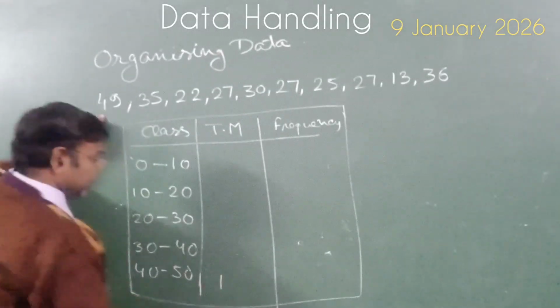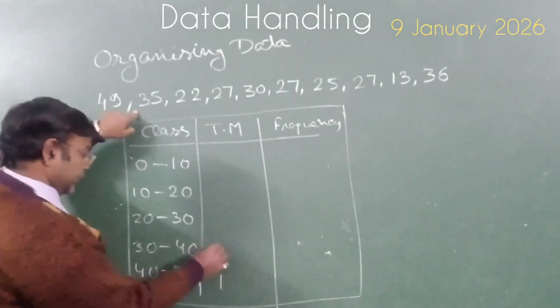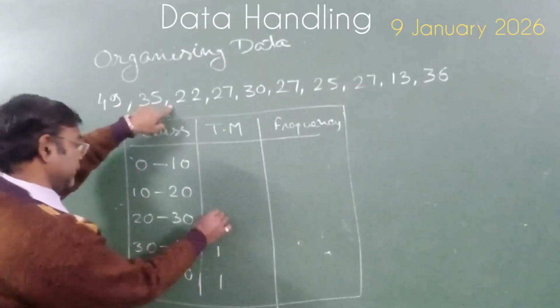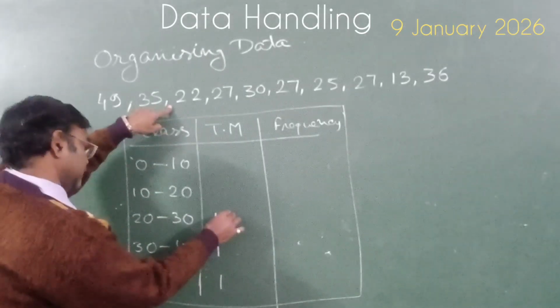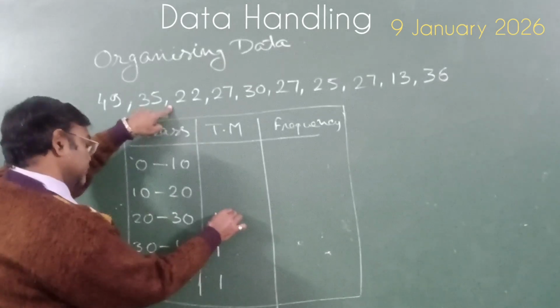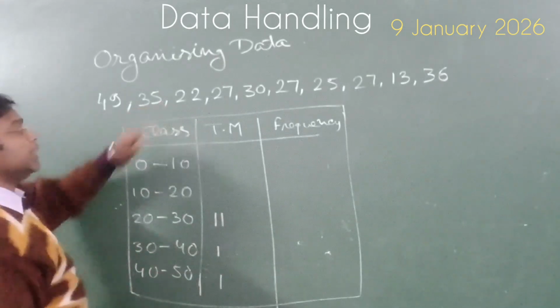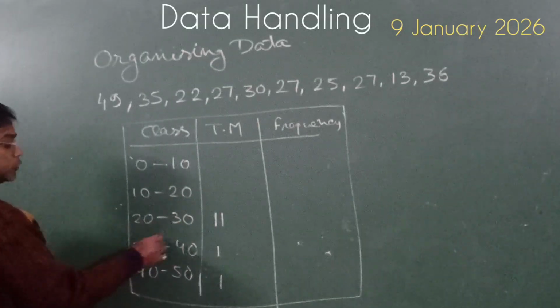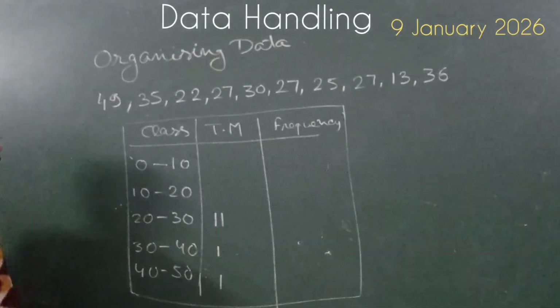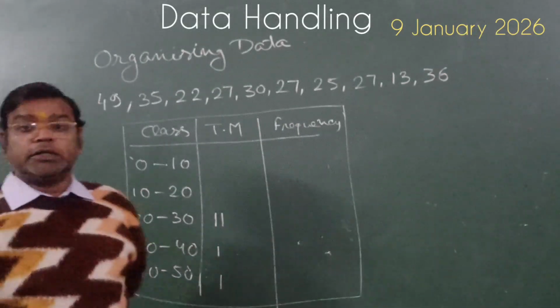Tally mark is here. Then 35 here. Then 22, it's here. 27, again it's here. Then 30 again. This is the very critical condition where 30 is present in both parts. So we have to find out where to place the number 30.